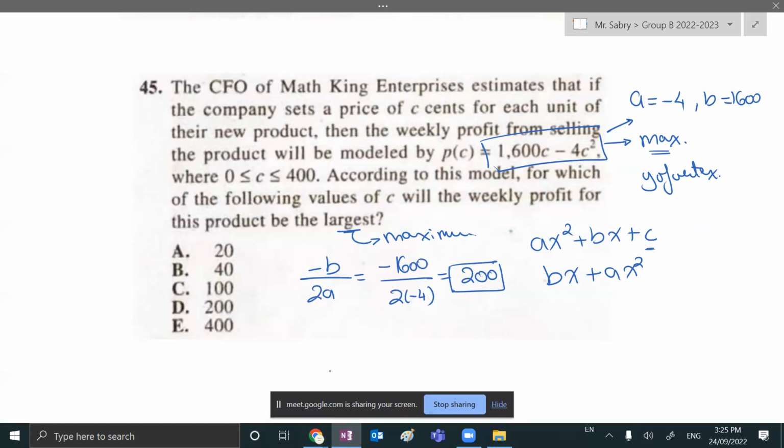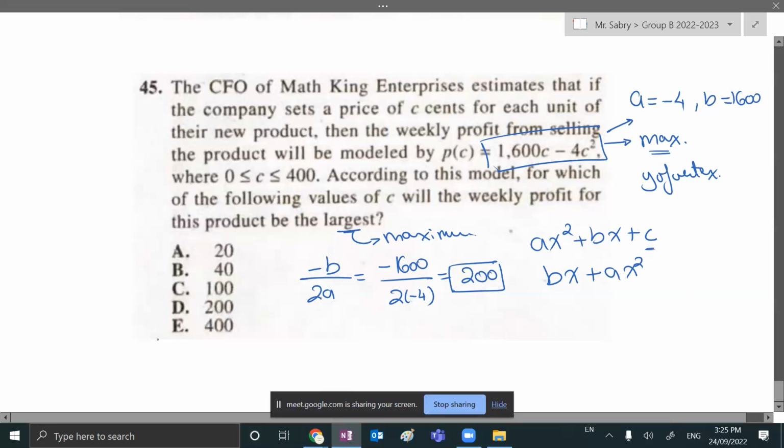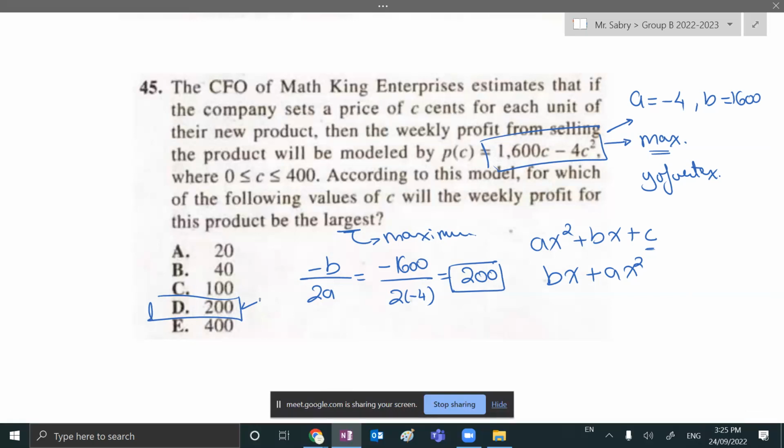I need to know the c, which is the x coordinate when they had the highest profit. So 200 itself is the right answer. D is the right answer. I know this may sound confusing, so please ask. There's another way to do it anyway, but yeah, please ask.